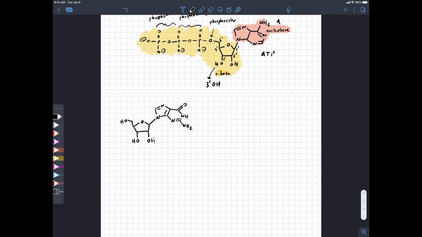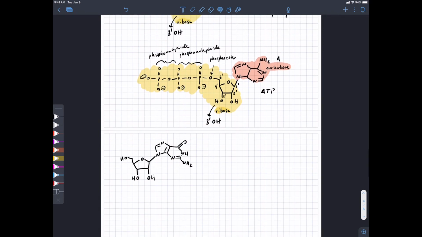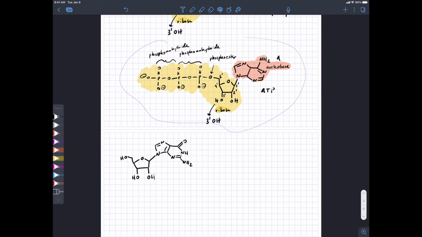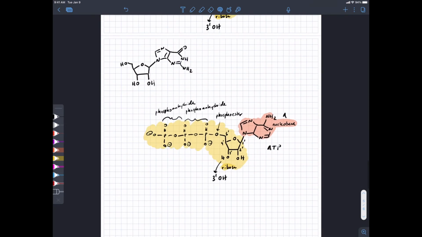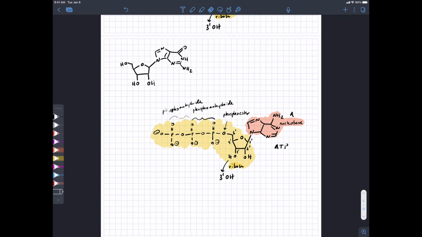Now, this would be taking place in the context of an enzyme called an RNA polymerase. I'm not showing any of that. I'm just sort of showing the chemistry that's going to happen. So, copying all of this. Whoops. And I'm going to erase stuff that's going to get in the way as we're talking.